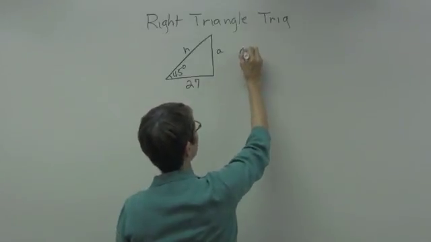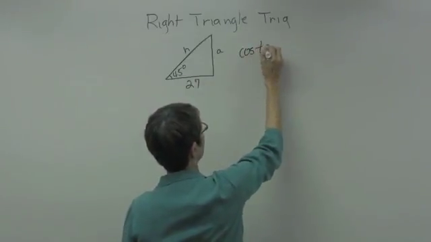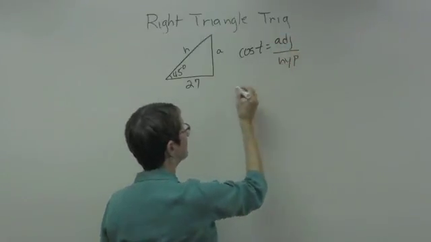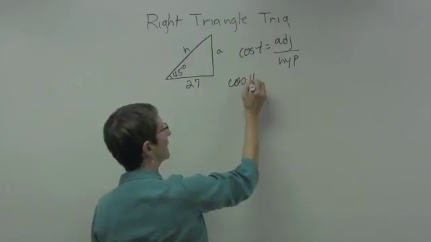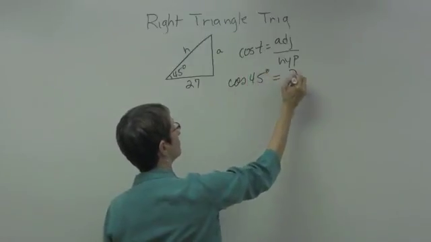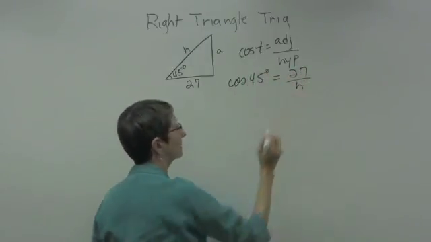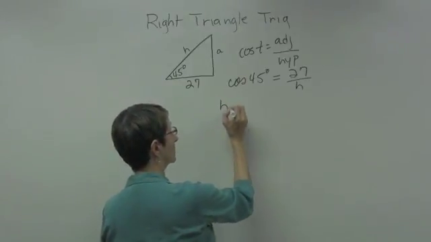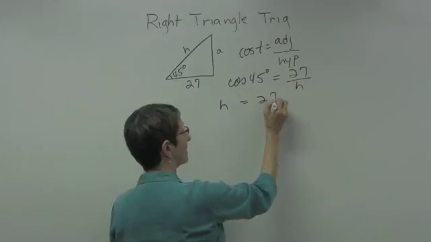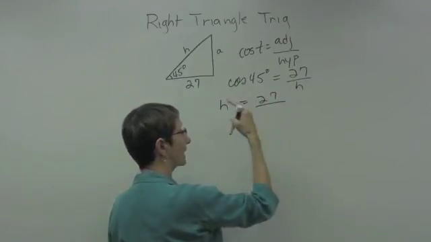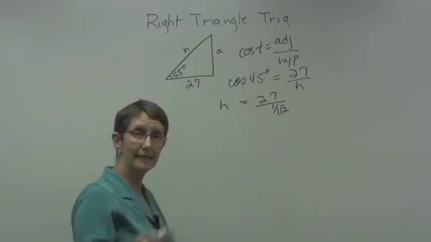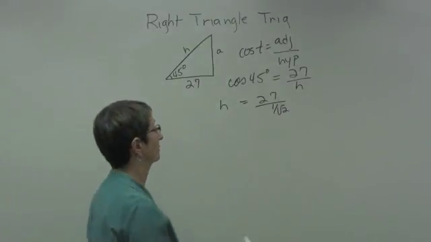So cosine of t is adjacent over hypotenuse. So I'd have cosine of 45 degrees equals 27 over h. Oh, this is very similar to one we just did. So I multiply by h, and then I divide by the cosine of 45 degrees, and the cosine of 45 is 1 over square root of 2, like the sine of 45 was in a previous example.